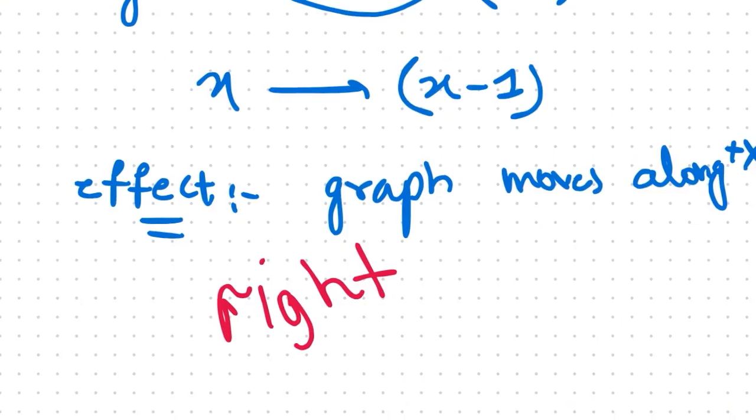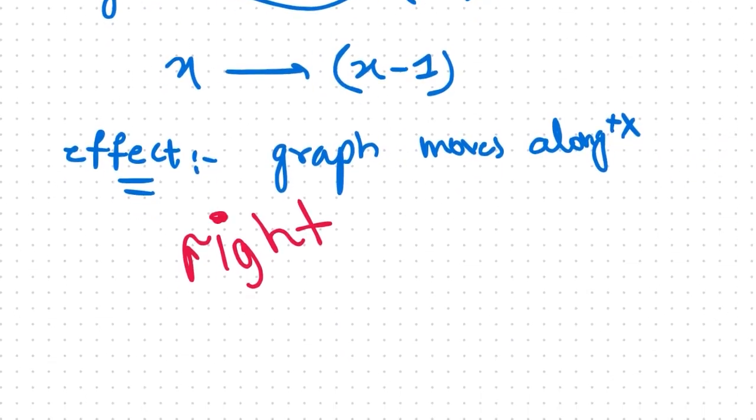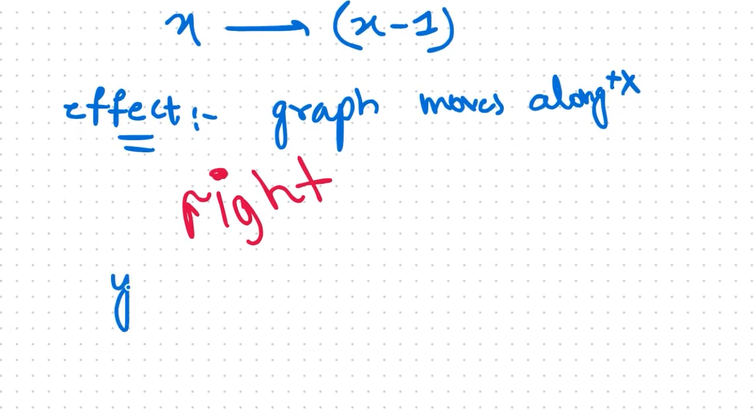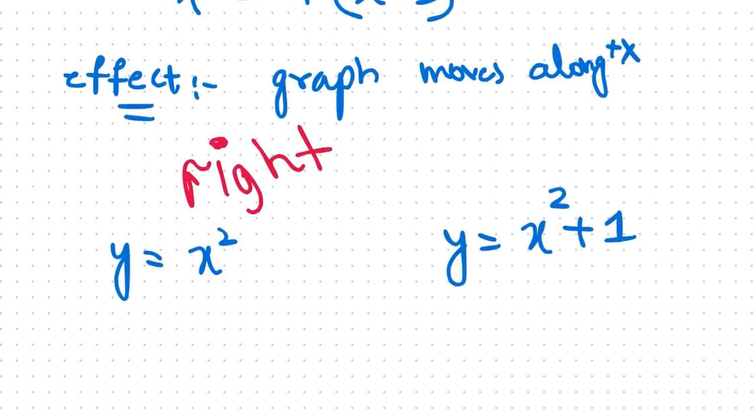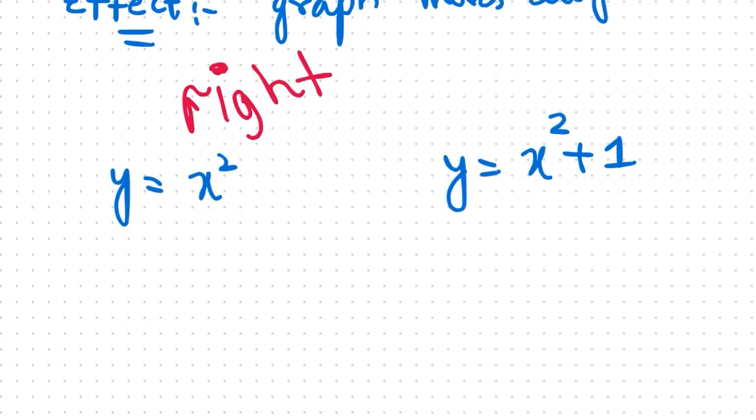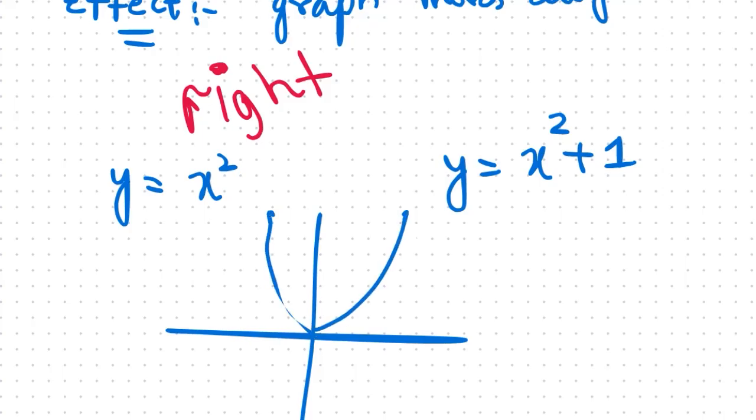Okay. Similarly, let's say this was the original one. Let's say if you want to find the graph of y equal to x square plus 1 or x square minus 1. Okay, first let's do it for plus 1. So the graph for y equal to x square is already like this.